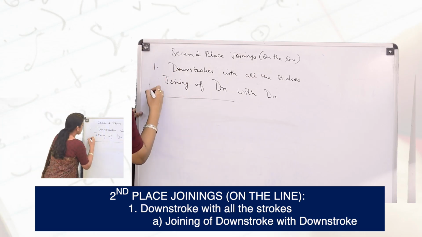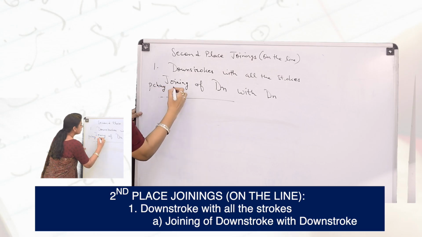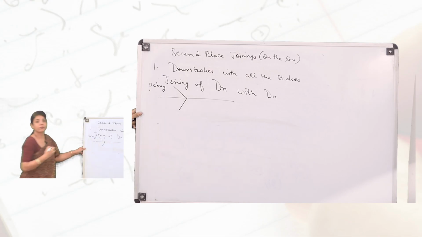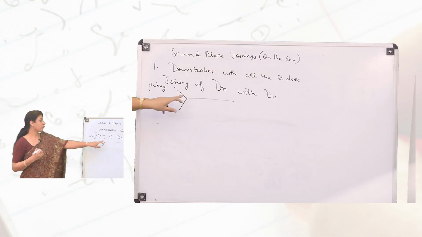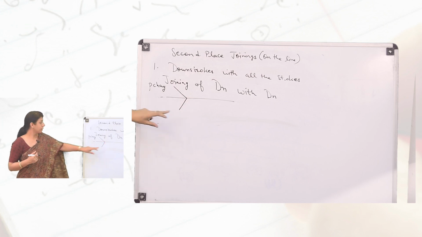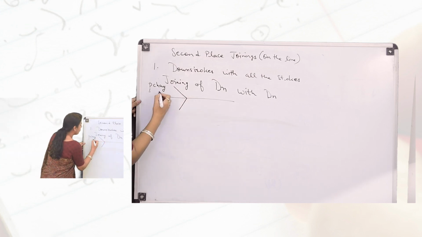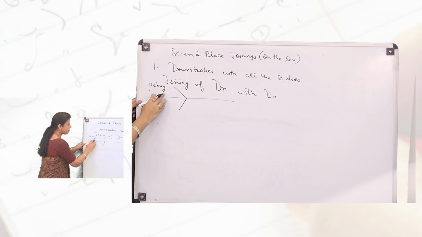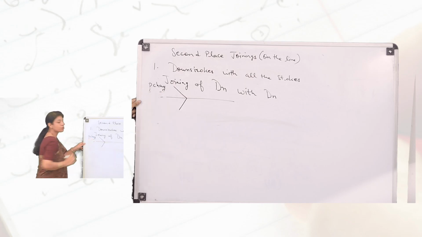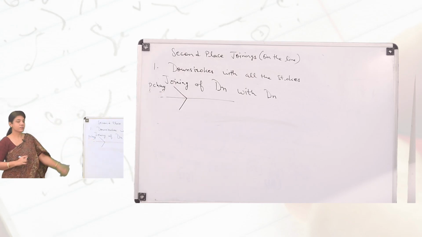Suppose I have to join P: P ends here, and Che begins from here, because whatever the ending point of P is, it is going to be the beginning point of Che. So this is an example of downstroke plus downstroke. P is a straight downstroke and Che is also a straight downstroke. So downstroke plus downstroke is joined in this way. This is the first example.